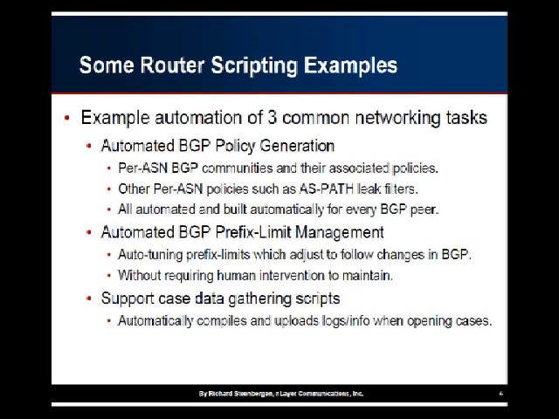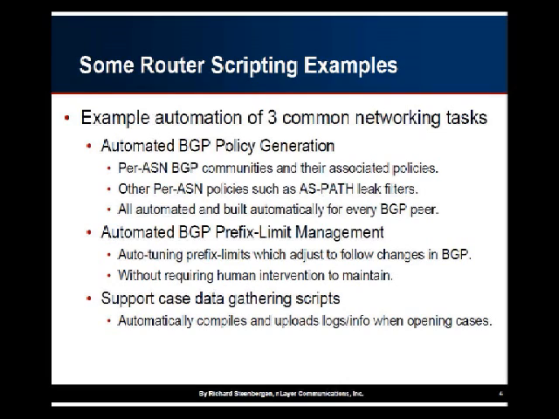The first one is how to do your BGP policy. Anyone that has a complex BGP community system knows how difficult it is to maintain. It's a lot of lines of code, and if you want to implement per-ASN communities, some networks will do it for their top 10 biggest peers, that kind of thing, but there's very few people who will put the human time into doing this for every network.